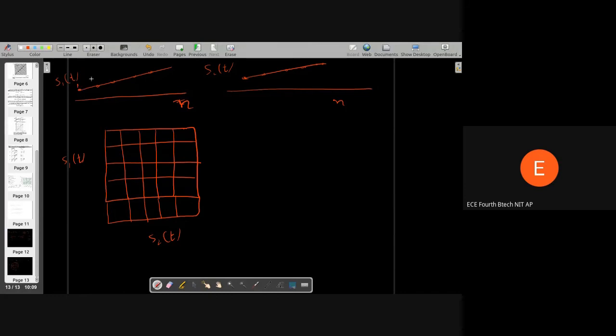Let's say this is 1, 2, 3, 4, 5, and 1, 2, 3, 4, 5. So we build this matrix.